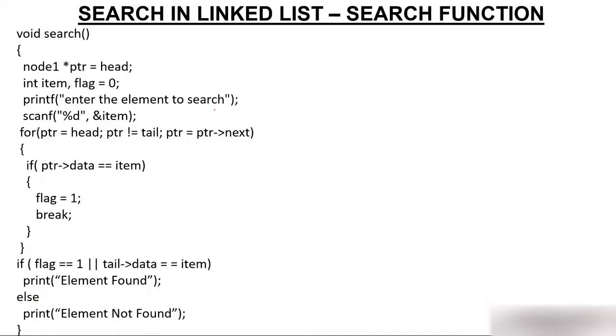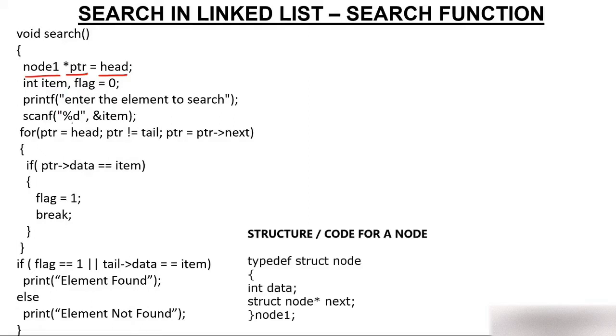In the search function, we have created a pointer and initialized it with head, and the data type of this pointer is node1. And what is node1? Again I'm telling you, we have created a structure named node with two parts: one data, and one address named next, whose data type is pointer to struct node because it's a self-referential structure.